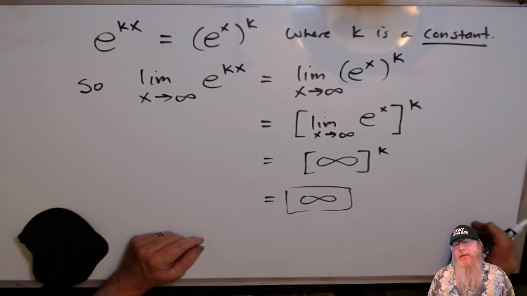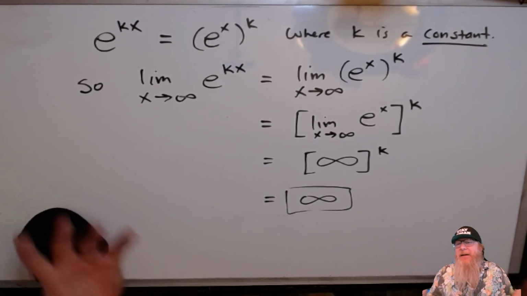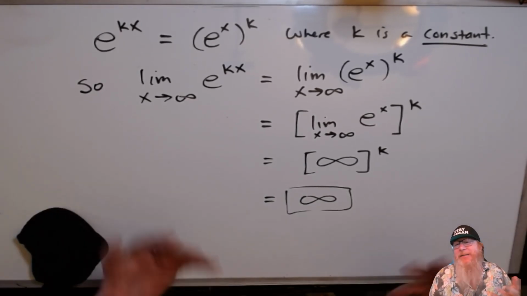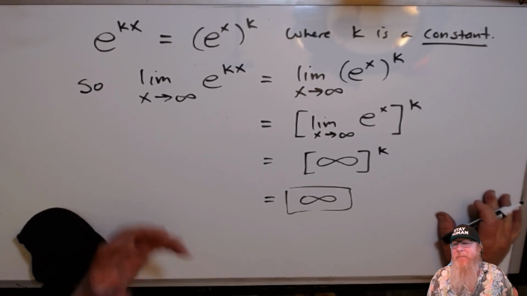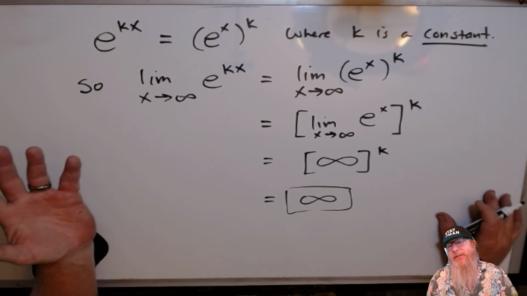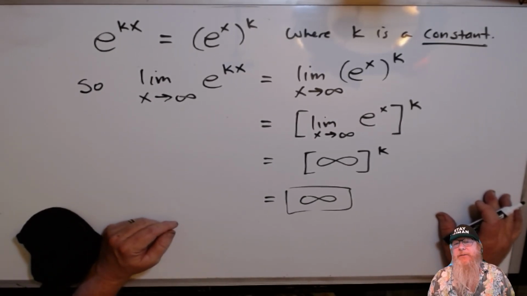It could be 9, but probably not much bigger than that. There's not any practical reason in this course to go any higher than that, but just think a handful, some natural number power. It could be an integer. I shouldn't say natural, because negative numbers are not natural, but I should say it's some integer power.